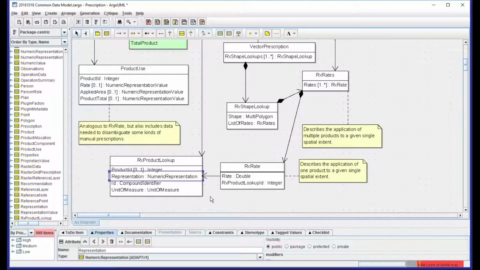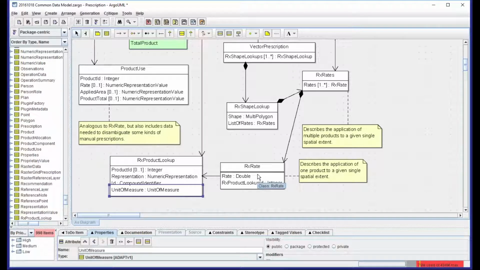So what kind of product is this? What does the number mean? So is this rate in terms of a volume per unit area? Is this a mass per unit area? And so forth. It also has the unit of measure. What this allows us to do is boil the RX rate down to essentially a key value pair.